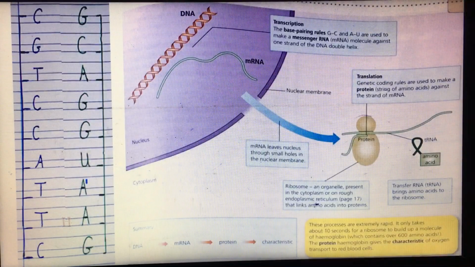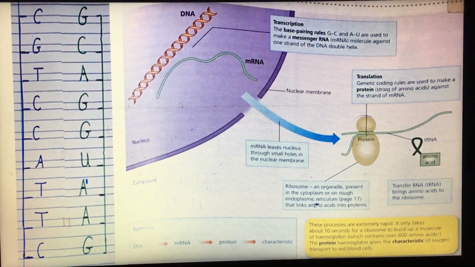mRNA is going to bond next to the DNA in the nucleus during transcription. So, half of the DNA will bond with another half to produce mRNA.